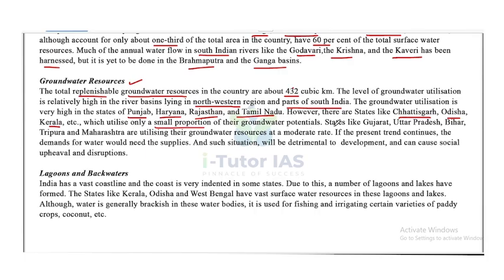States like Gujarat, Uttar Pradesh, Bihar, Tripura and Maharashtra are utilizing their groundwater resources at a moderate rate. So, states like Punjab, Haryana, Rajasthan and Tamil Nadu have very high groundwater utilization; Kerala, Chhattisgarh, Odisha, etc. use a small proportion; and Gujarat, Uttar Pradesh, Bihar, Tripura and Maharashtra use it at a moderate rate.